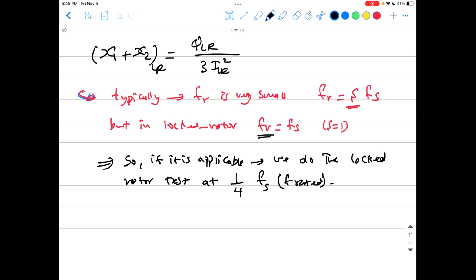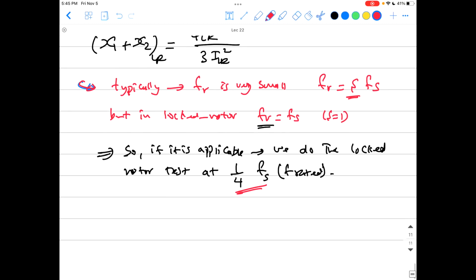So if you have a source that can be controlled to control the frequency of it, not just the actual source coming from the supply, from the grid, so it's typically done at 1/4 of the frequency. In our lab we don't have that, so we just ignore this. But if you have this capability, just do it.